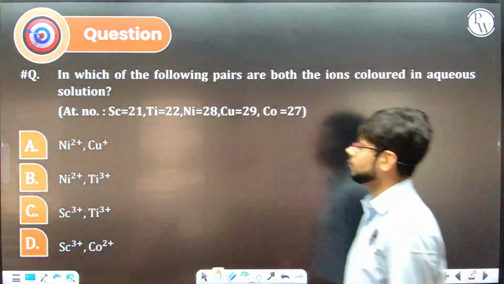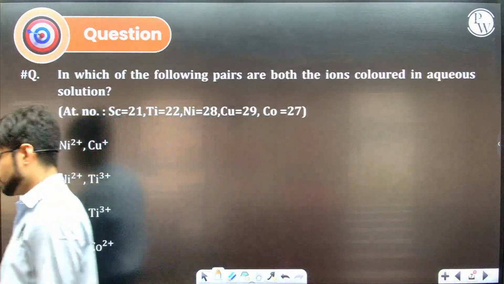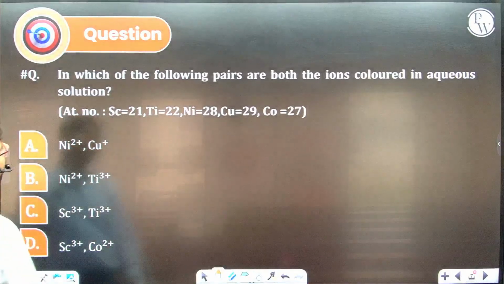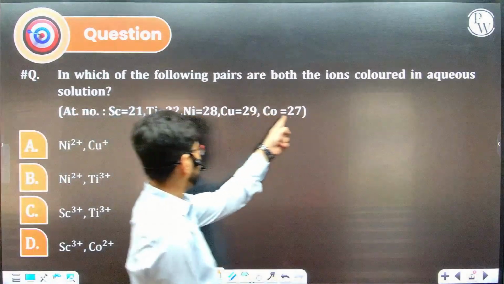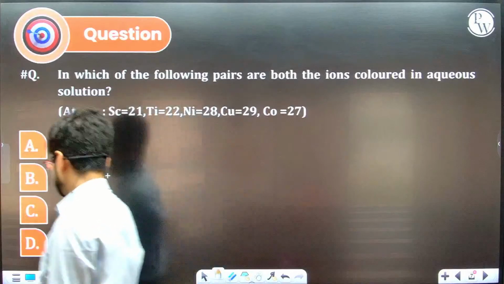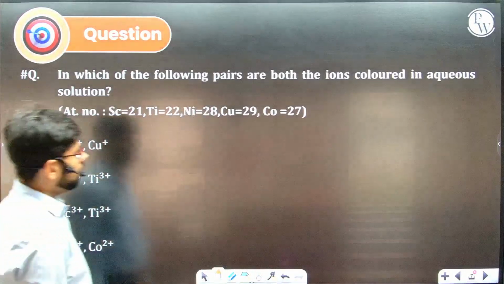Alright, next question. In which of the following pairs are both the ions colored in aqueous solution? Atomic numbers have been provided.